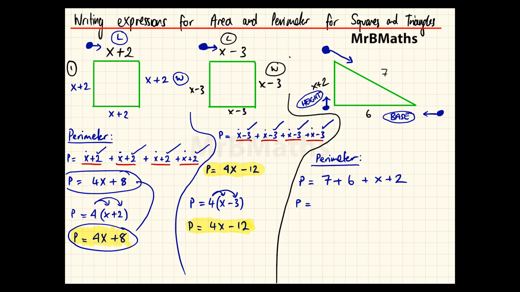So 7 plus 6 plus 2, so 7 and 6 will give me 13, add the 2, gives me 15, and then plus the x which is by itself. So I have 15 plus x. Now for this there is no shortcut because not all of the side lengths are the same, so I can't do 3 times x plus 2 or anything like that.